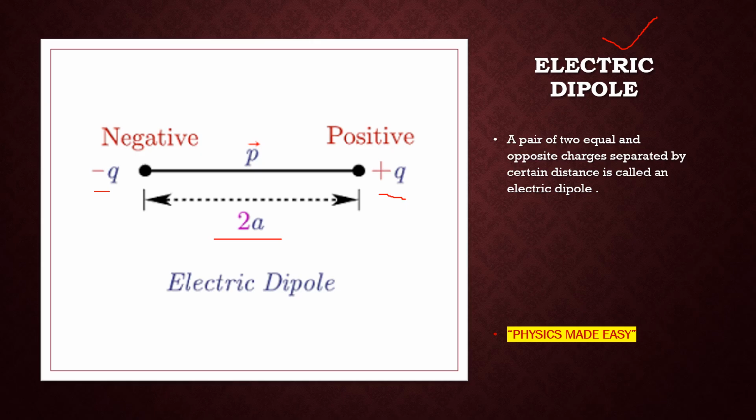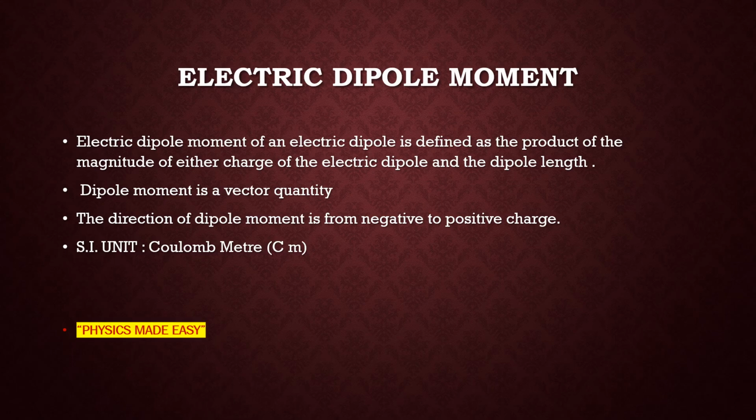and the total charge of an electric dipole is 0. So now, moving ahead from electric dipole to electric dipole moment. Electric dipole moment is related to the electric dipole. It is defined mathematically as the product of the magnitude of either charge of the electric dipole and the dipole length, which means that this is equal to the charge q multiplied by the dipole length 2a.